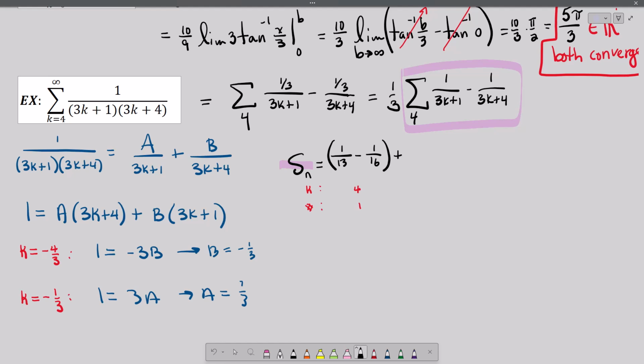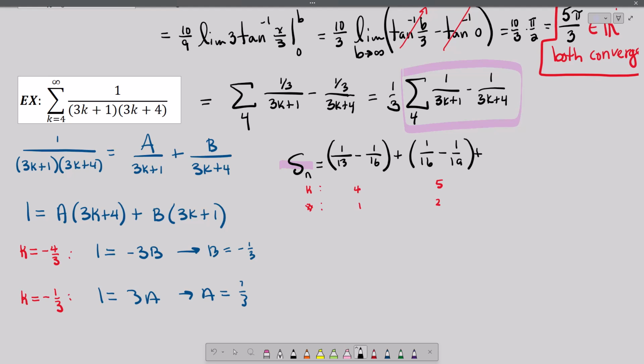First term. Second term will have what as its k value? 5. So we started at 4 for k. The next term is the second term. The k value is going to jump to 5. So we're plugging in a 5 here. So we get 16 in this denominator and 19 in that denominator. So we get 1/16, 1/19.